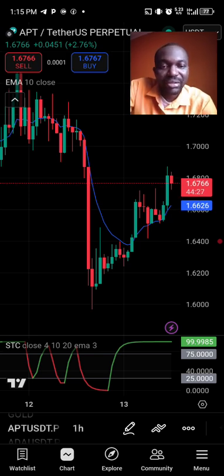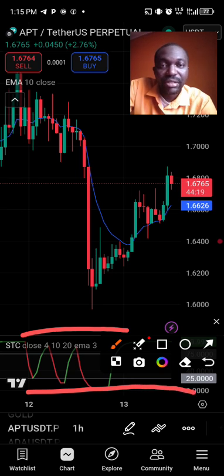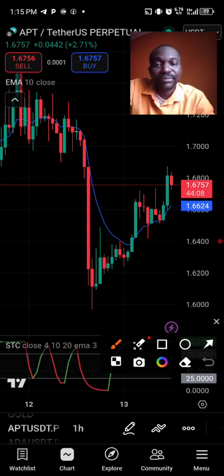Now, if you look at the indicator, this is the indicator right here, below. That is called the Sharp Trend Cycle. So now what this indicator does is it measures how long a cycle is going to last.